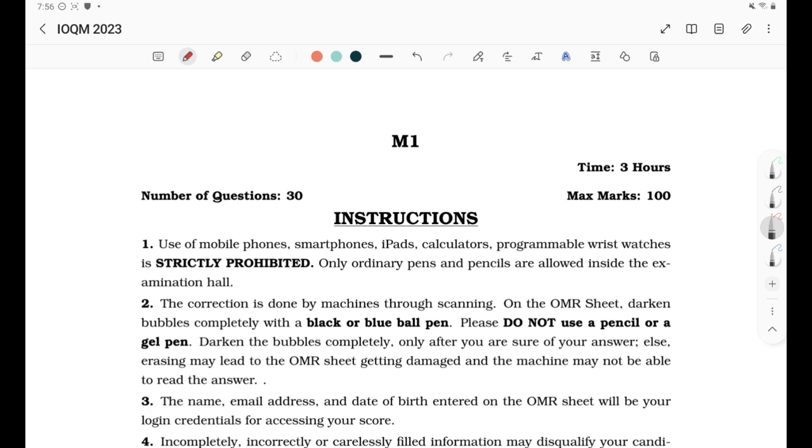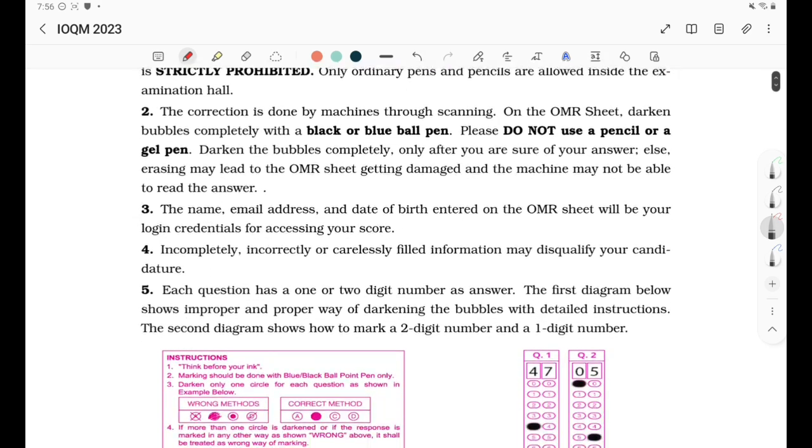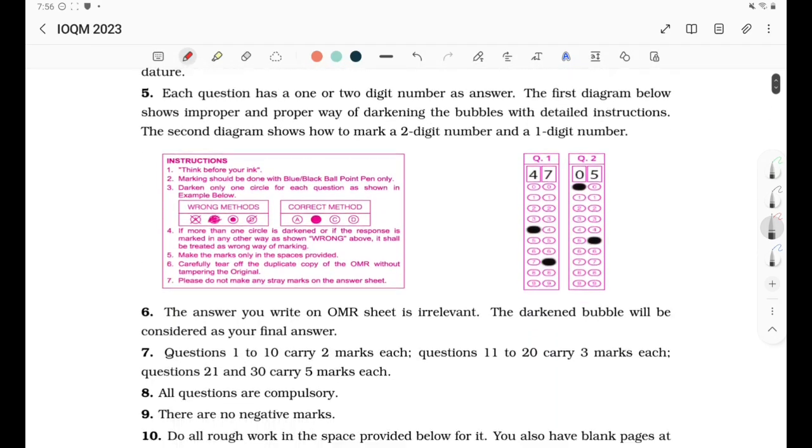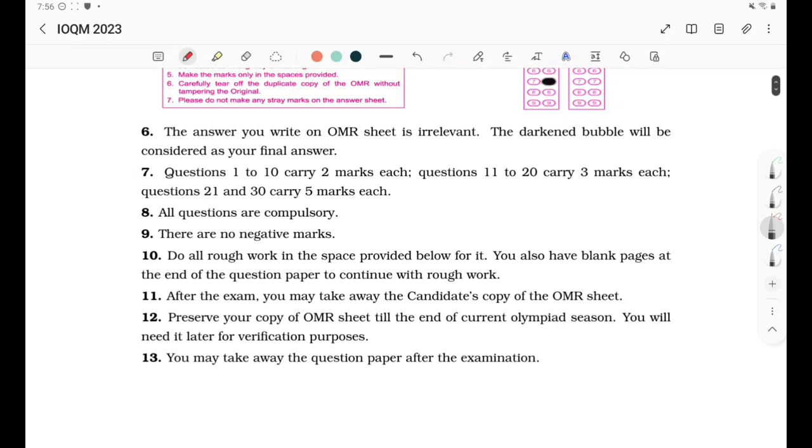Alright, so as a summary, we saw that this IOQM paper was first of all really lengthy, because you're not expected to solve all the questions inside the exam.